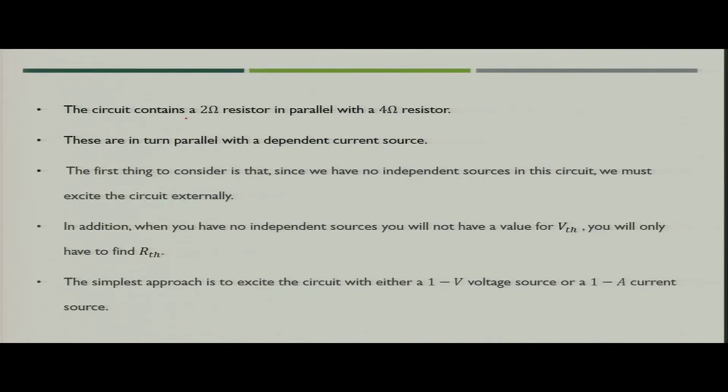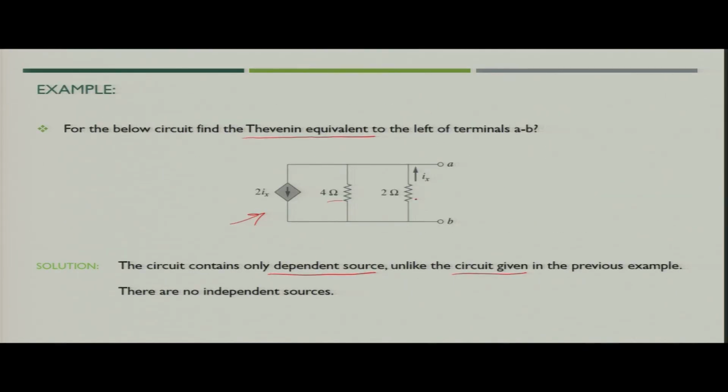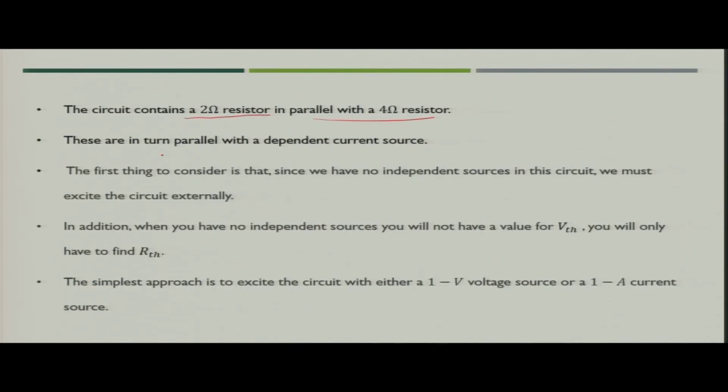We just see that this circuit contains 2 ohm resistance in parallel with 4 ohm resistance. So, these two are in parallel, and they in turn are in parallel with the dependent current source. Now, first thing which we have to consider is that since we do not have any independent source in the circuit, we must excite the circuit externally.